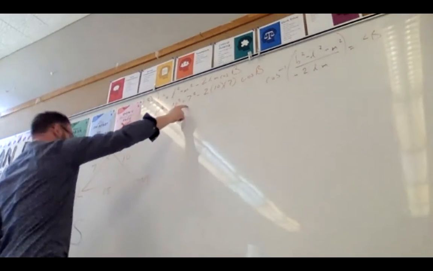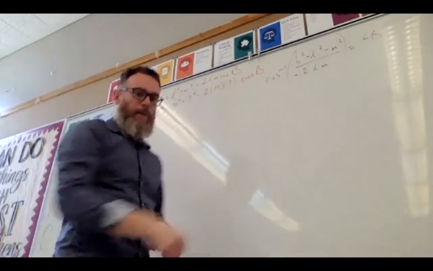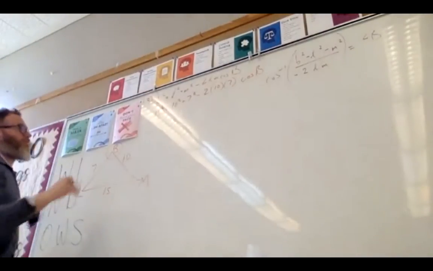But I'm going to keep doing it this way because you won't be given that formula. If you wanted to set it up like that when you start, that's up to you.